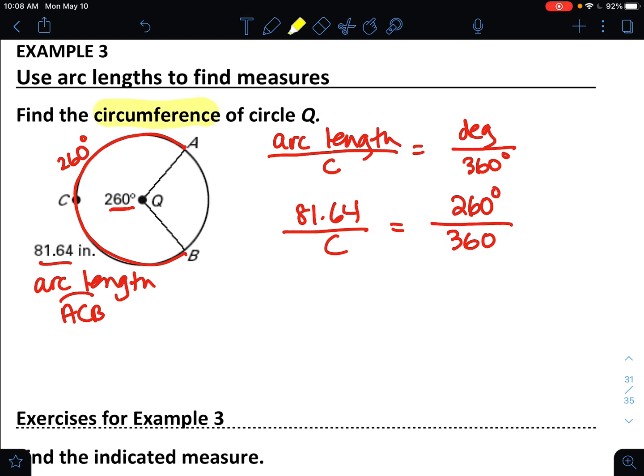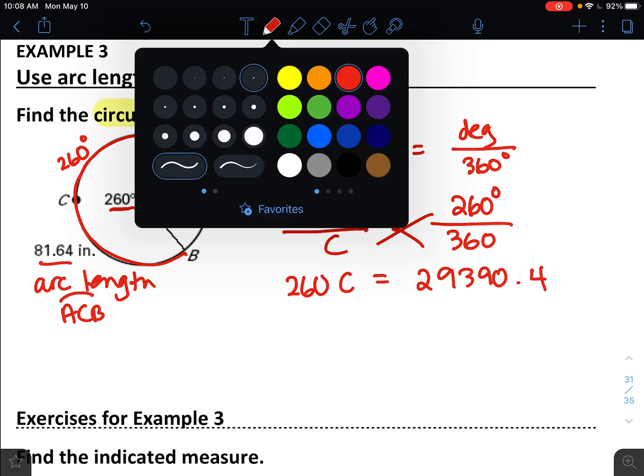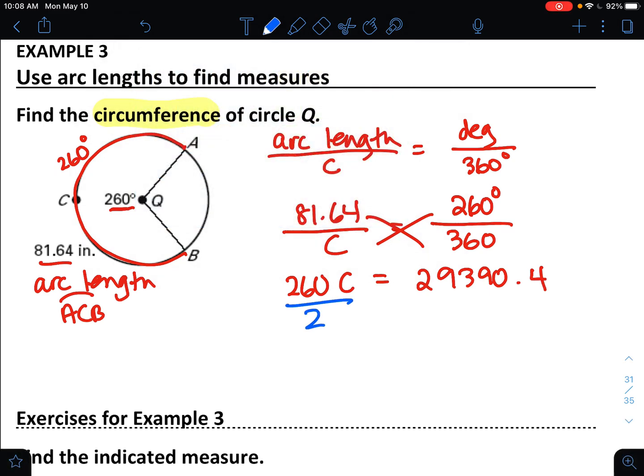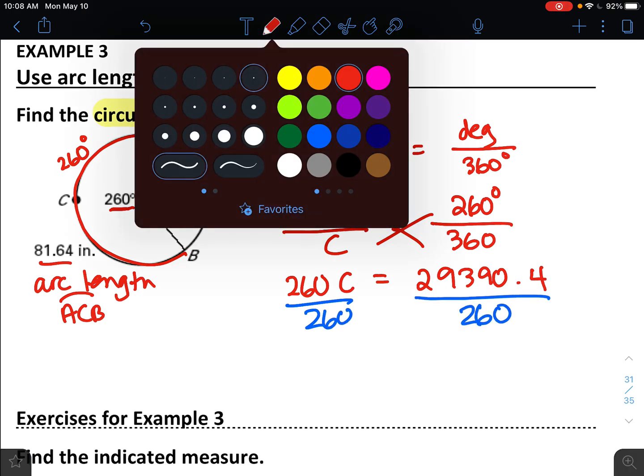Because I want circumference here, I can simply leave C in my formula and consider that my variable and just cross multiply. So I've got 260 times C equals 81.64 times 360, and I'm not going to round this, 390.4. Now I'm ready to solve for C. So divide by 260.